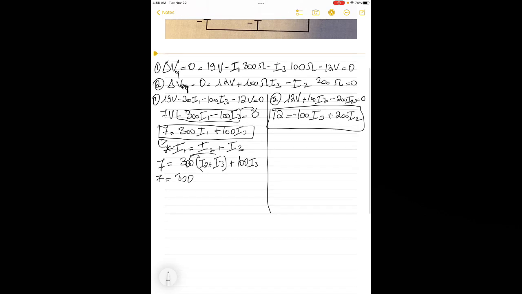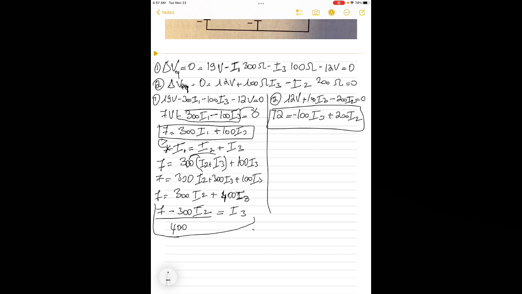That's 300 E2 plus 300 E3 plus 100 E3. Now what we have is 7 equals 300 E2 plus 400 E3. If we isolate either I2 or I3, we find that 7 minus 300 I2, divided by 400, equals I3.